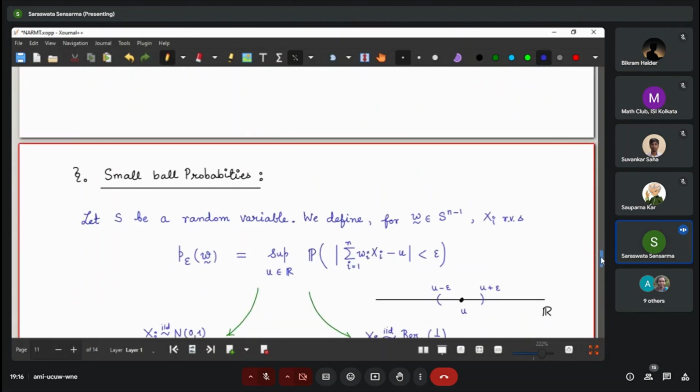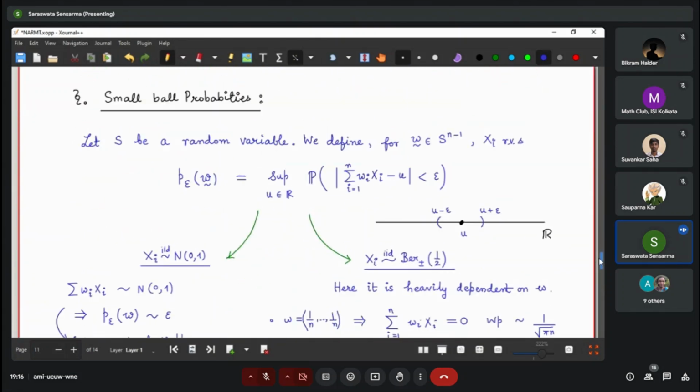So that takes us to something called small ball probabilities. All right, let's say S is a random variable, any random variable, it doesn't matter.